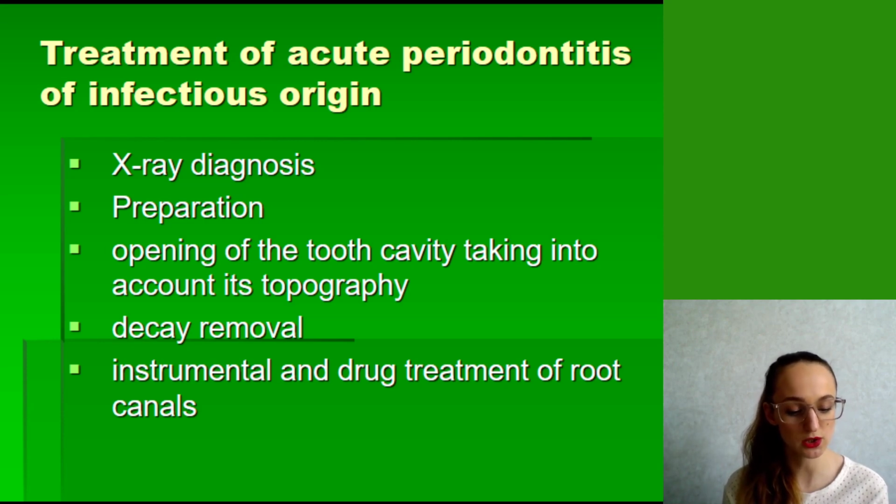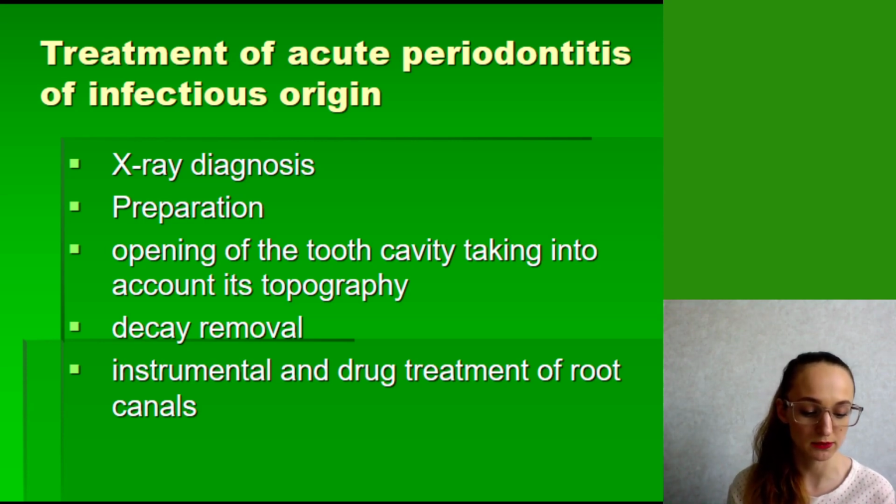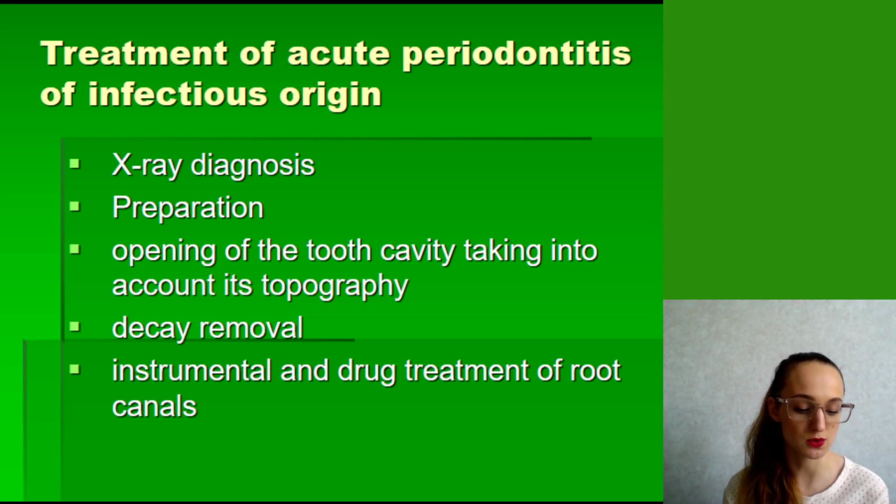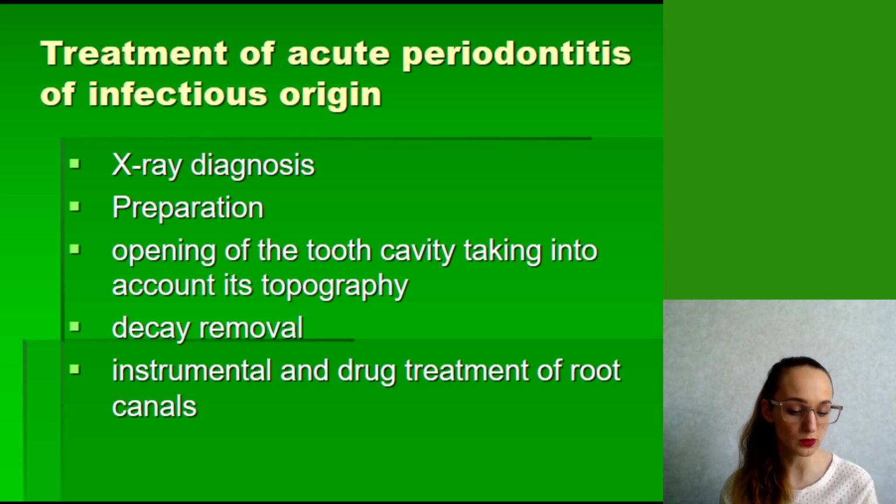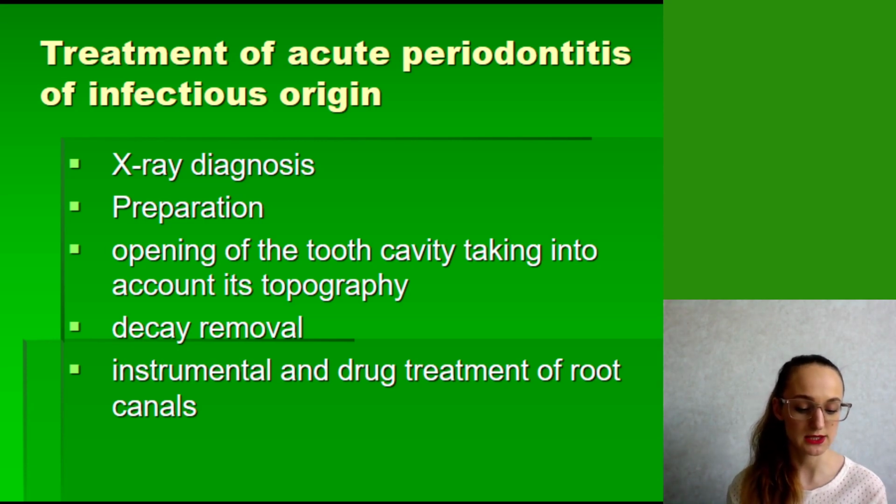Another indication of single visit pulpectomy is a tooth with a history of spontaneous pain without pulp necrosis, abscess, or a fistula. The procedure of single visit is done under local anesthesia and rubber dam isolation.